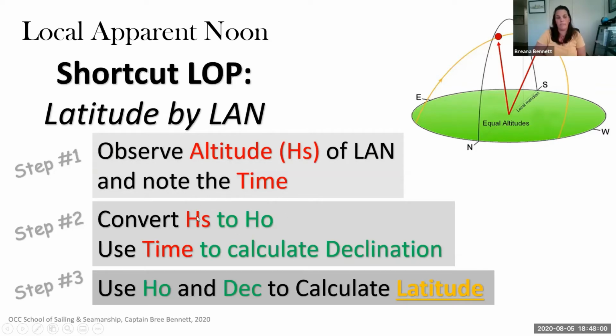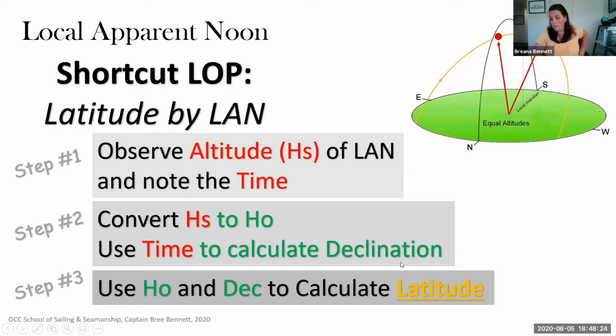We go from the raw sextant altitude and correct for dip and instrument corrections, and also refraction of where the sun is, and that's our A1 or A2 correction. And then we also need to use the time to calculate declination.